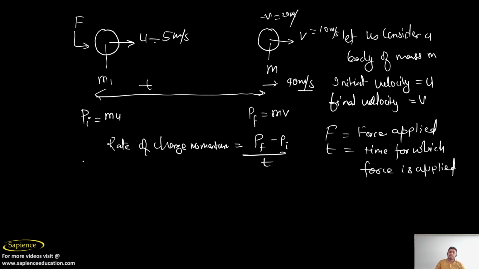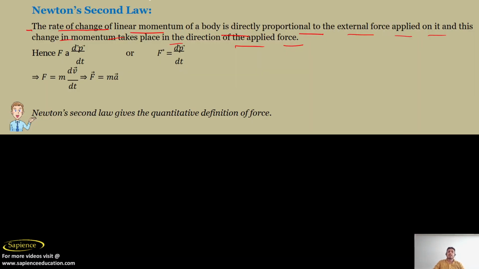Now, if you go to Newton's second law, you see the statement. What are they telling? As per Newton's second law, the rate of change of linear momentum of a body is directly proportional to the external force applied on it, and this change in momentum takes place in the direction of the force applied.